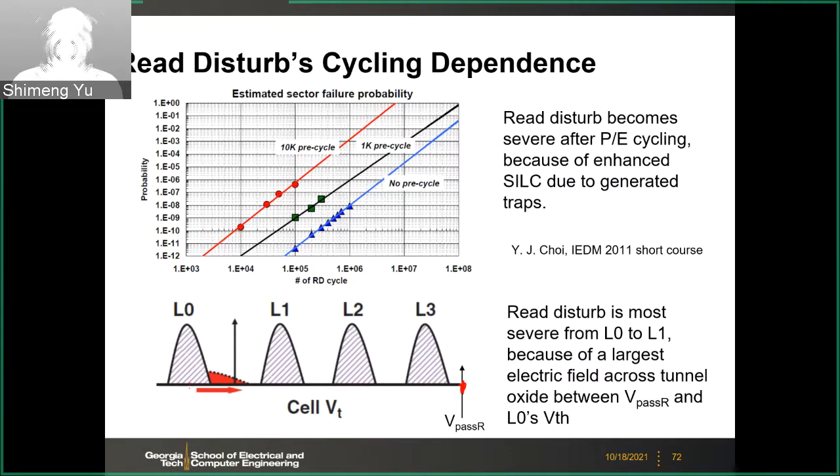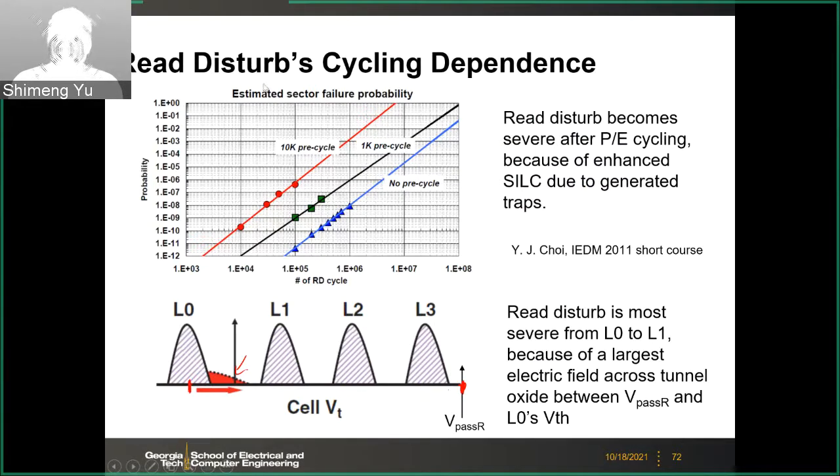So for the erased state, which has the lowest VTH, effectively you have the largest voltage across the gate stack. Therefore, the effect mostly will affect the erased state. So the erased state may have this tail due to the continuous read disturb.